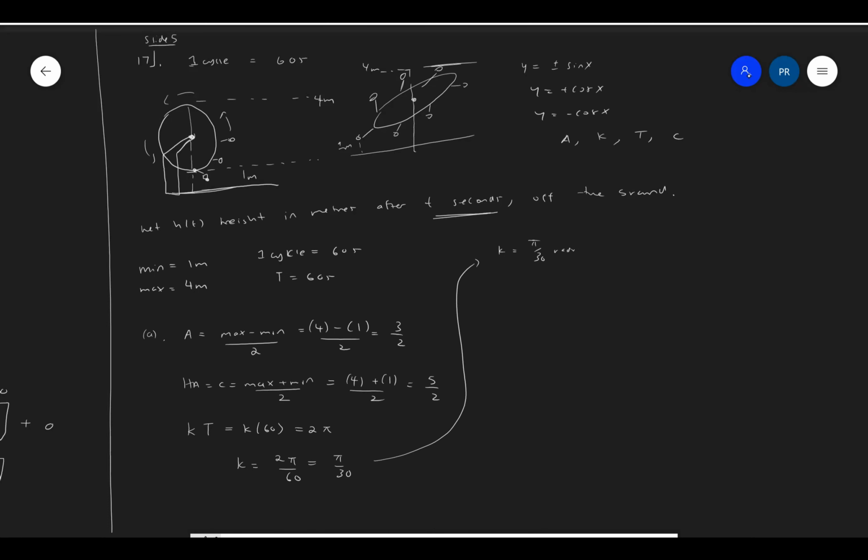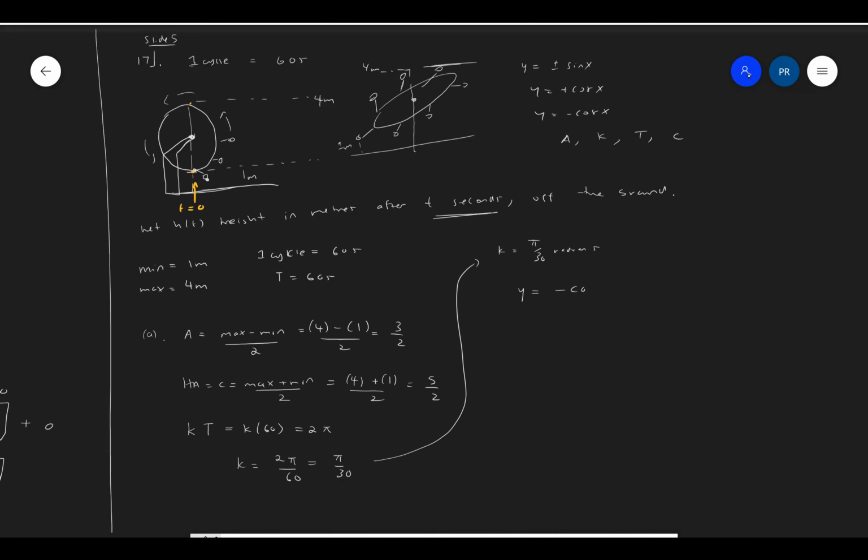So now you have these 4 bits of information. After having these 4 bits of information, you want to ask yourself, okay, which function am I going to be using to model the scenario? You can imagine that at time 0, if you're boarding a Ferris wheel, you're not boarding it from the top, you're boarding it from the bottom, right? If you're boarding it from the bottom, then that would tell you that the best function that I can use at time 0, you should be at the minimum point.